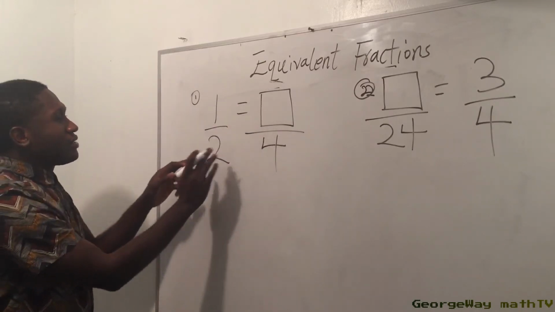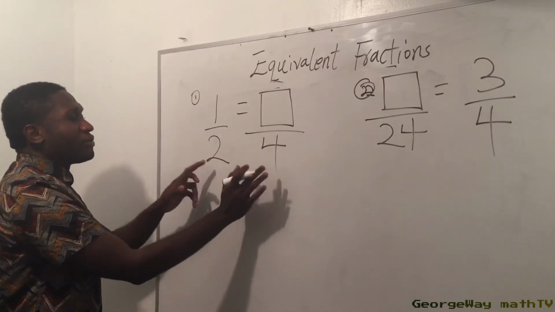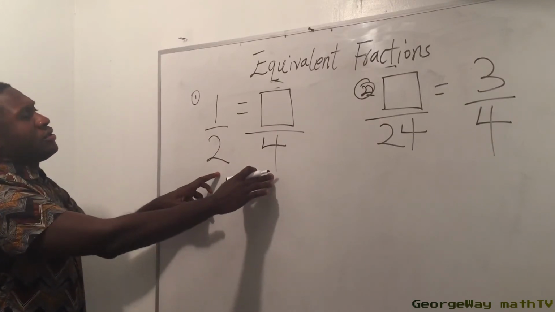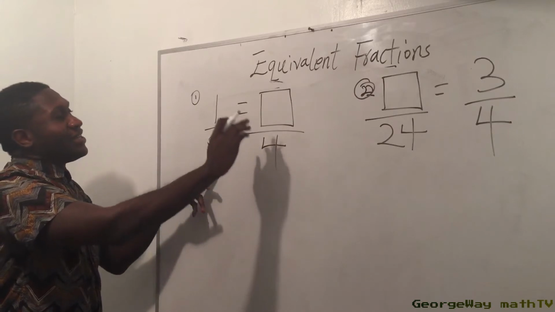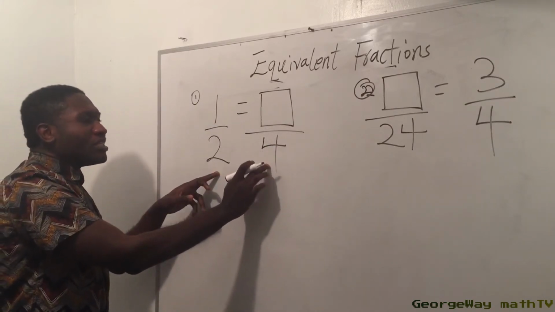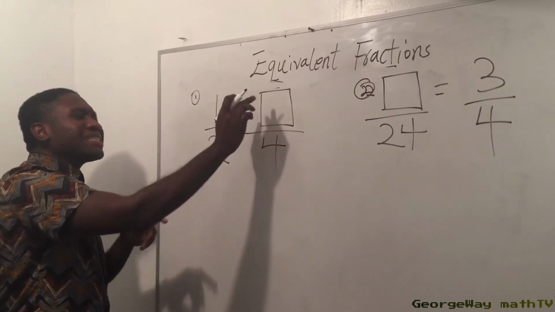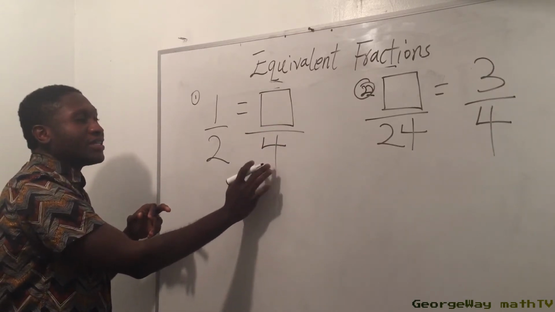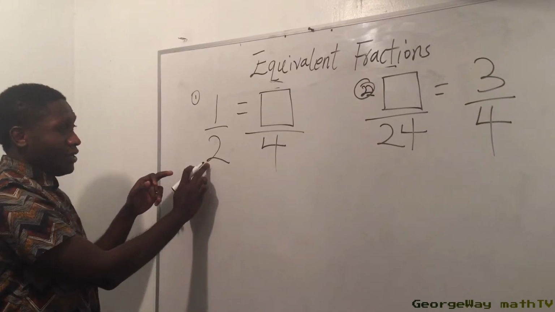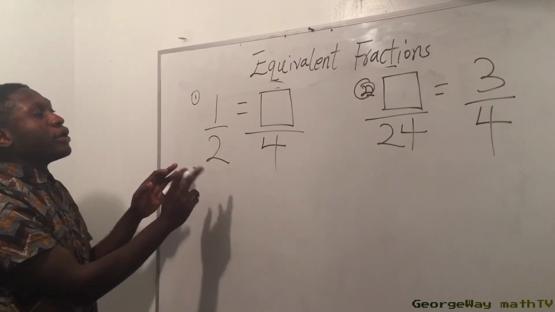Here I have both numbers for the denominator. What I'm supposed to do is take the denominator with the missing numerator and start with that.